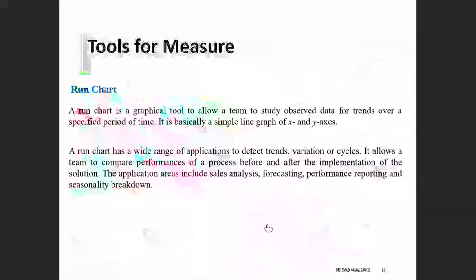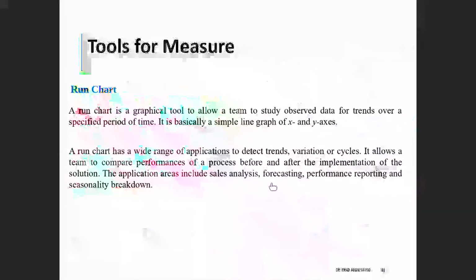Run chart doesn't have control limits, meaning that when we talk about control charts, we talk about control limits: upper control limits, lower control limits, and a center line. In the run chart, you only demonstrate the data over time without any statistical calculations. There is no standard deviation in this case, okay?